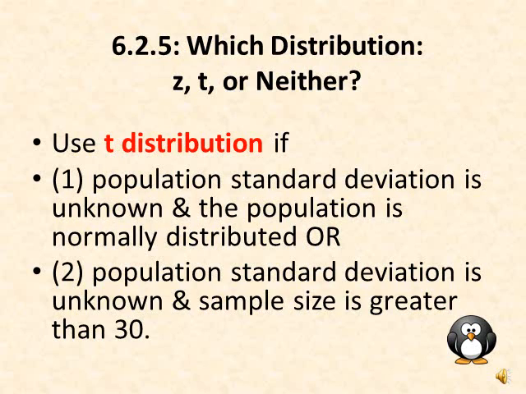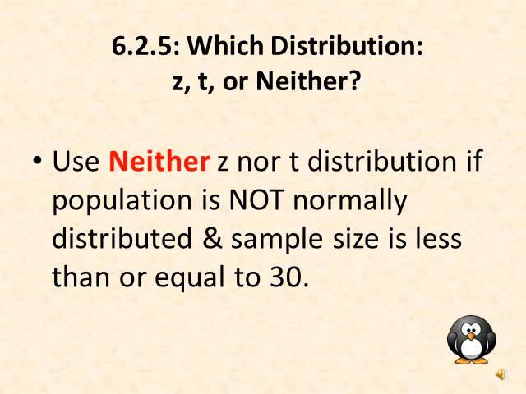Use the T distribution if the population standard deviation is unknown and the population is normally distributed, or the population standard deviation is unknown and sample size is greater than 30. Use neither the Z nor the T distribution if the population is not normally distributed and the sample size is less than or equal to 30.